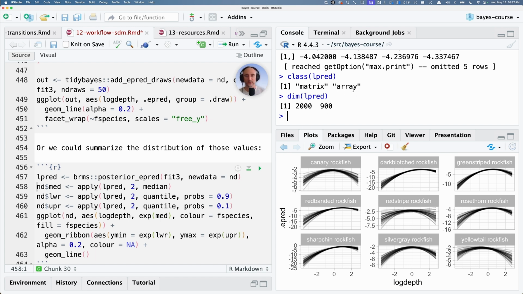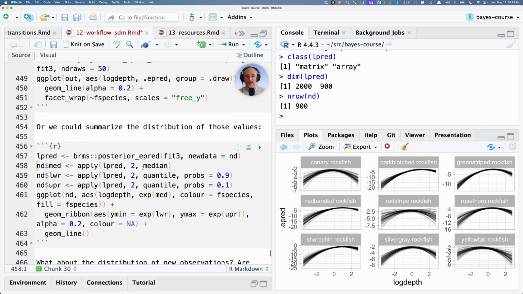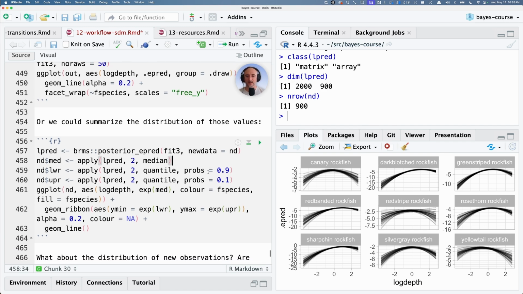So I've got 900 elements of ND. And then we can use the apply function to go column-wise in this case, because we want to go down those 900 columns, and take the median, and take the upper and lower 80% credible interval in this case, 0.9 and 0.1.